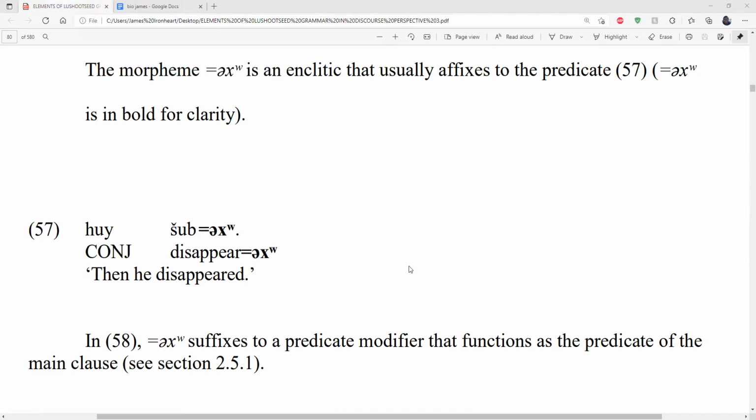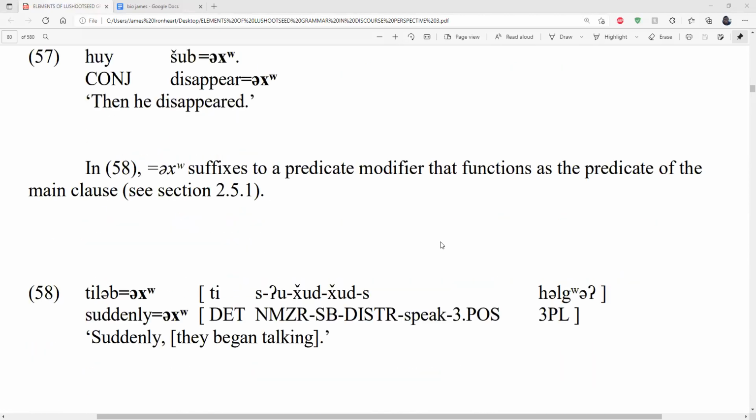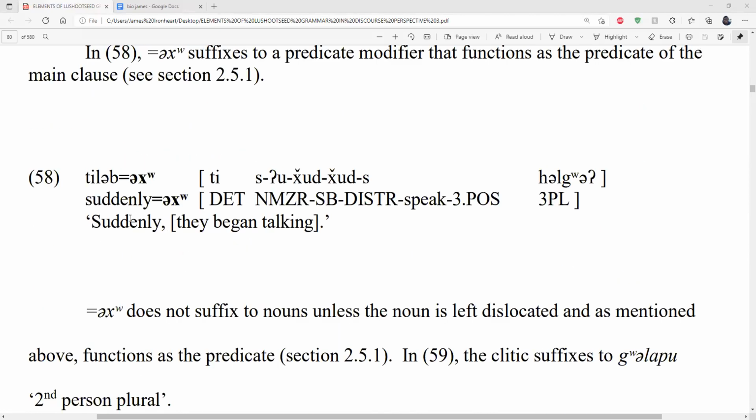Then he disappeared, right? And then how we use it, we keep adding it continually down the line. Functions on predicates of the main clause. That just says that it adds itself to it.